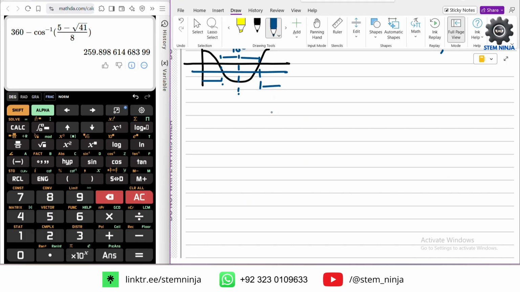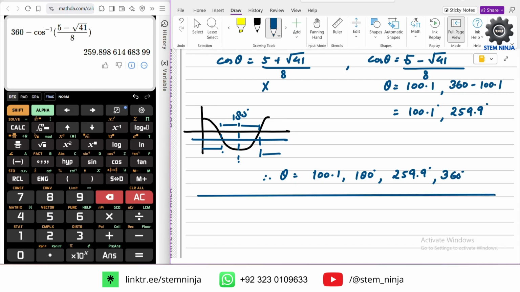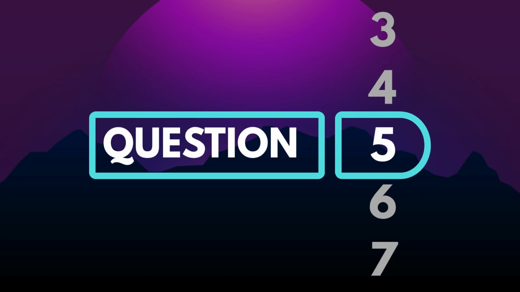So therefore theta would be 100.1, 180 degrees, 259.9 degrees, and 360 degrees. Those are our answers. Okay, so this is for this question. Let's move on to the next one.